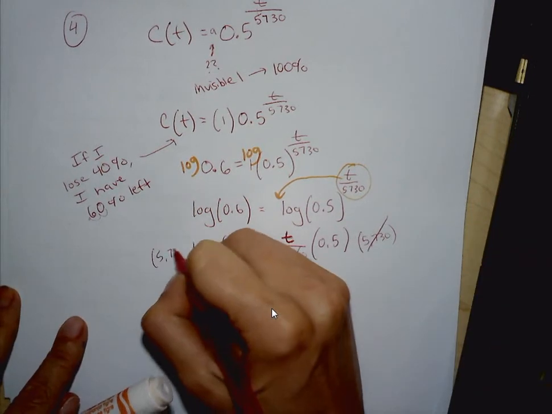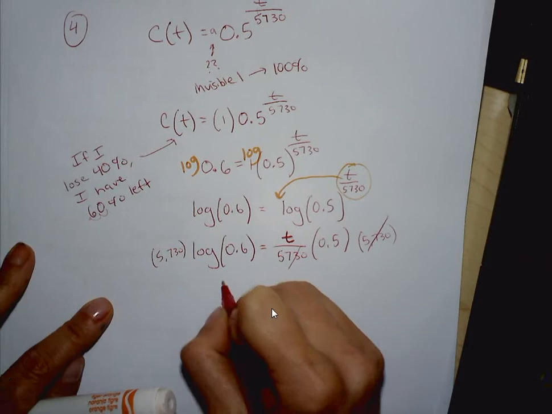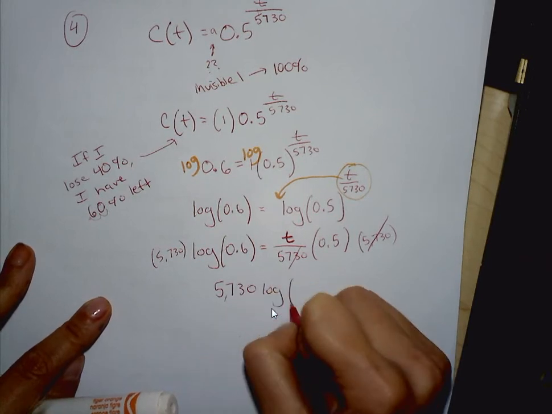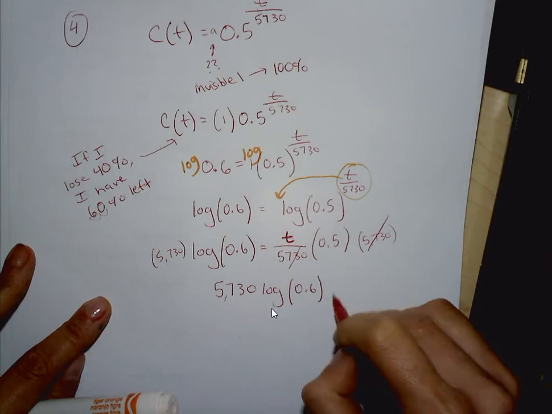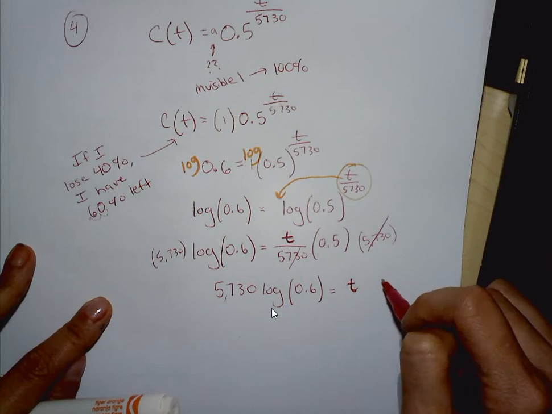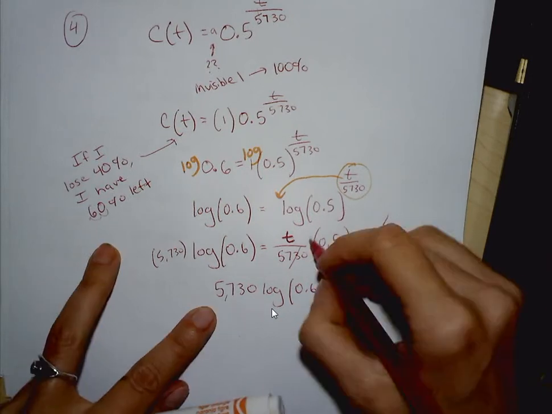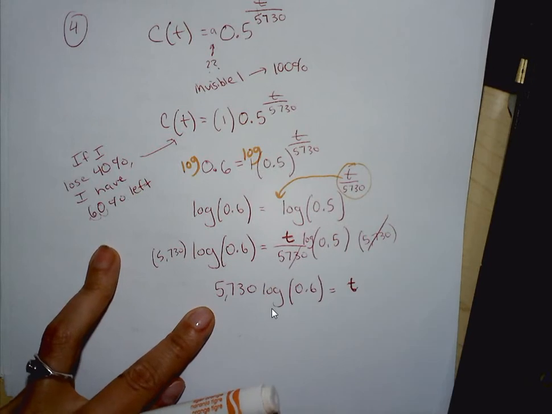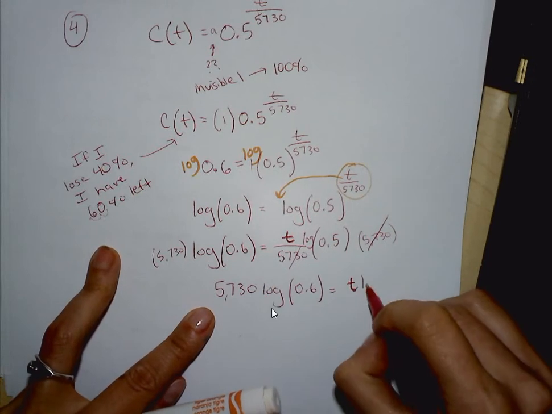So I have 5,730 times log 0.6 is equal to, still focusing on my T here. Oops, I forgot the log here. Log 0.5.